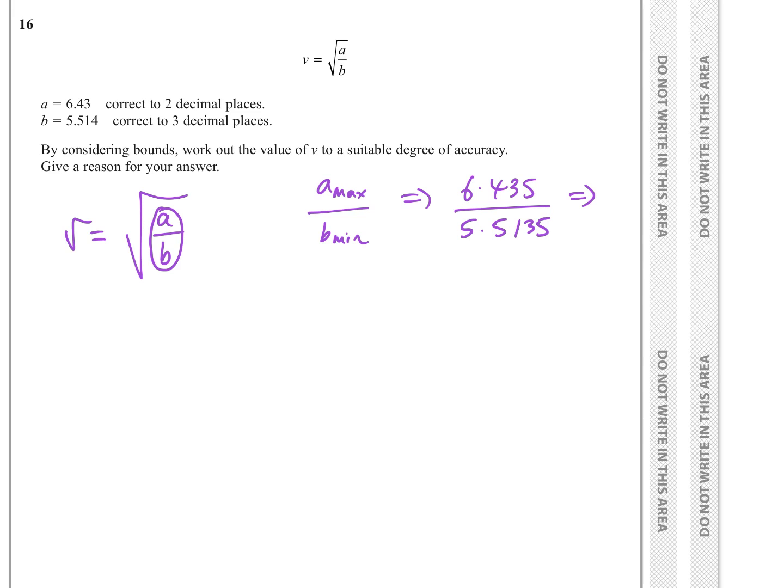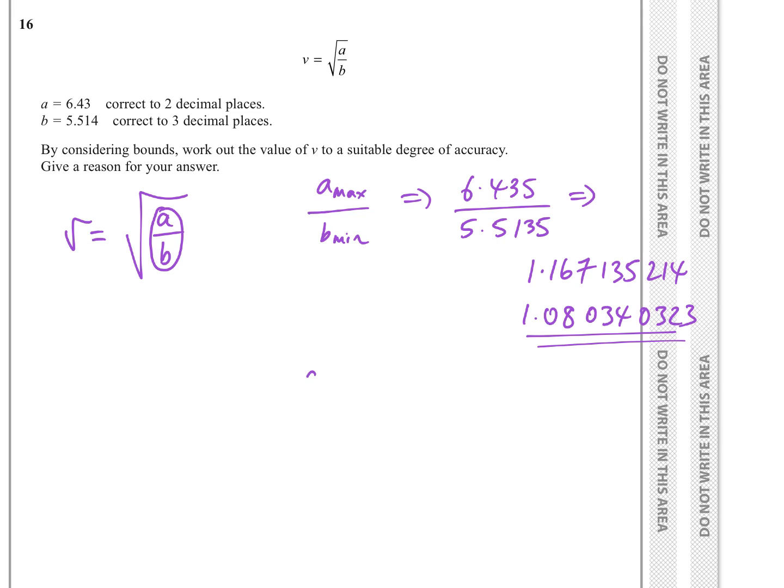That's going to be 6.435 divided by 5.5135 on my calculator, and that's going to be 1.167135214, and then I'm going to square root that, and that's going to give me 1.080340323. I'm just going to underline that and leave it for now.